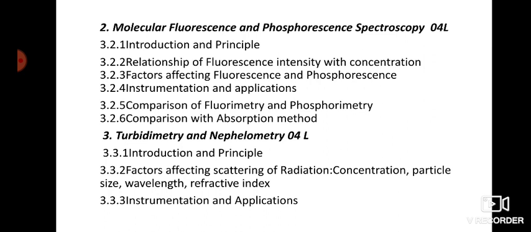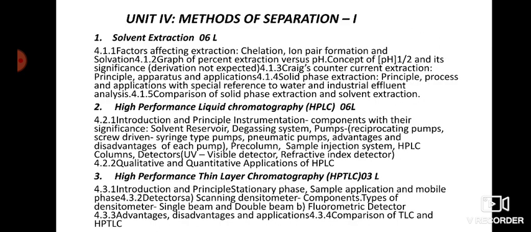Now the fourth unit is methods of separation. In this unit you have three chapters, that is solvent extraction, high performance liquid chromatography, and high performance thin layer chromatography. In the first topic, solvent extraction, we are going to see the factors affecting extraction, that is chelation, ion pair formation, and solvation.